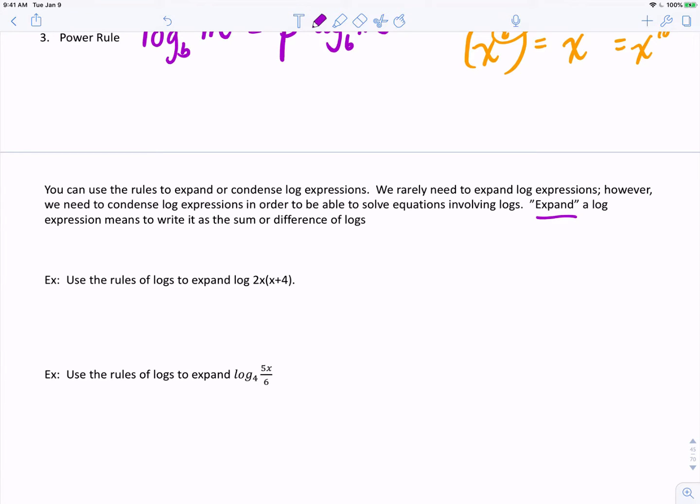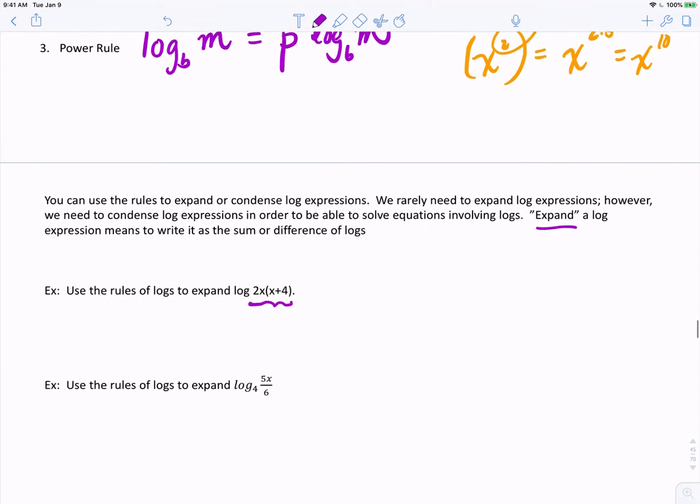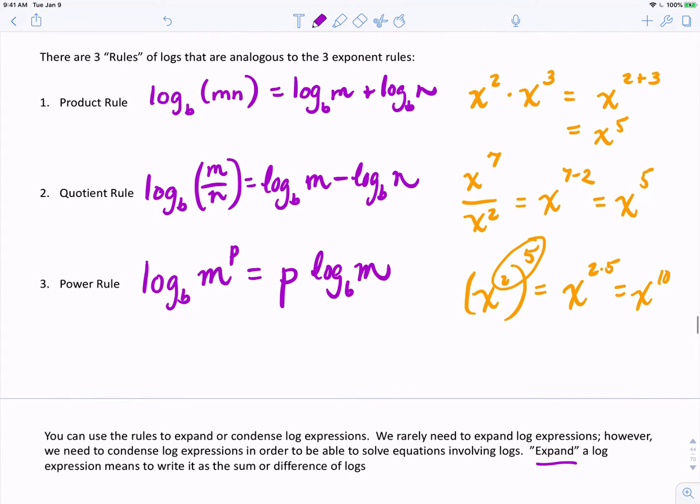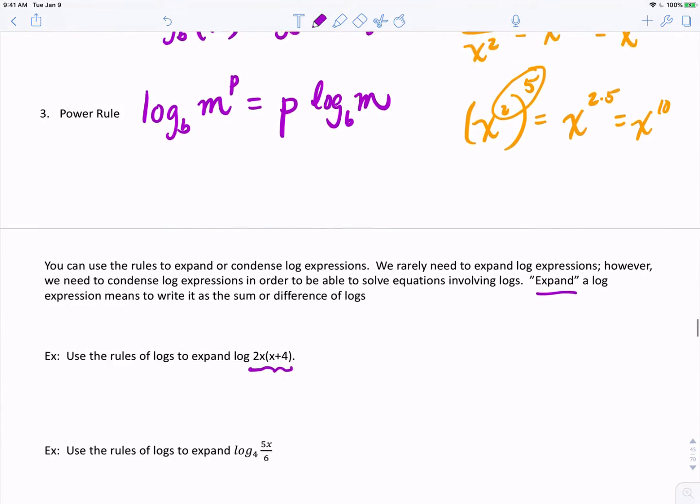So for example, use the rules of logs to expand log, and you'll use a common log, so base 10 will be our base, of 2x times x plus 4. Now notice this is the log of a product, and the log of a product is the same as adding the logs together.